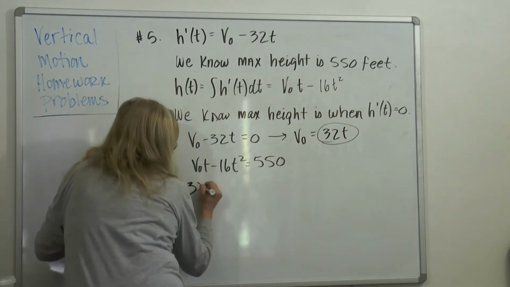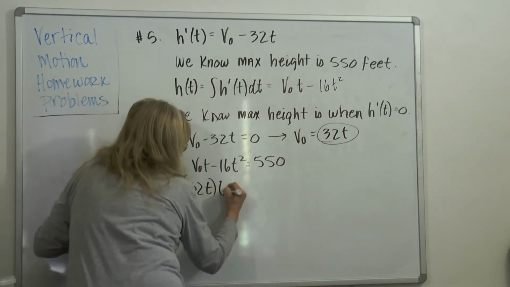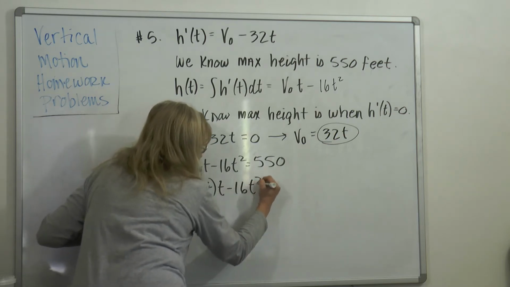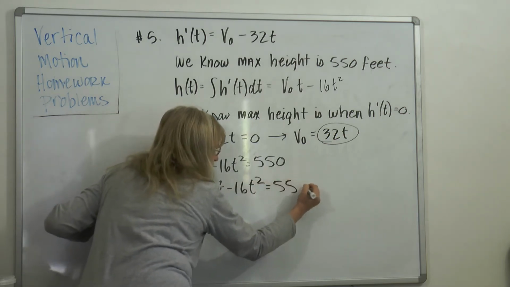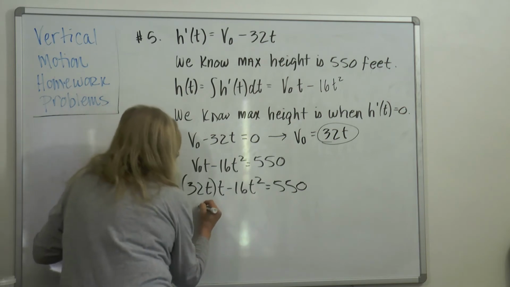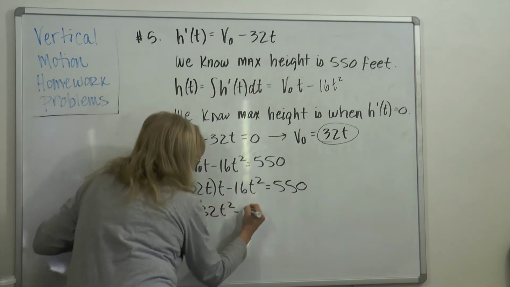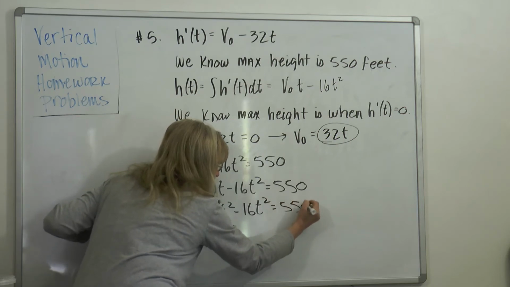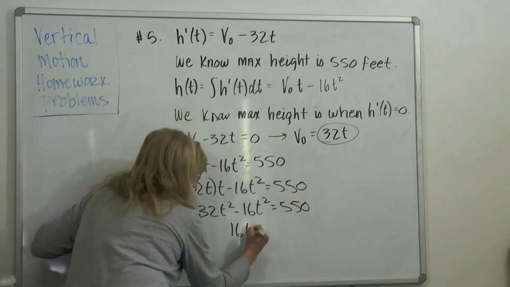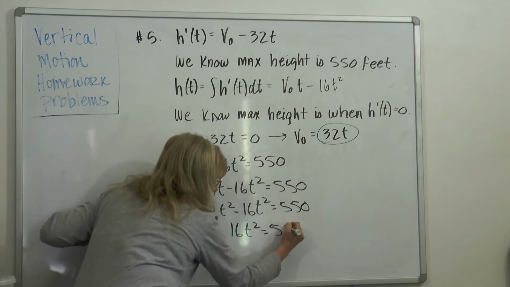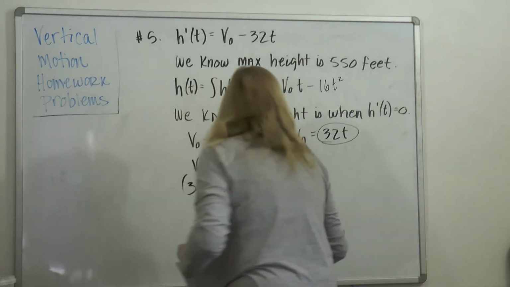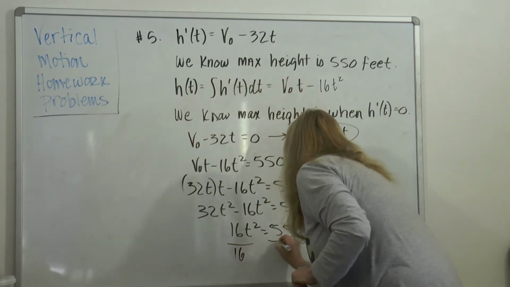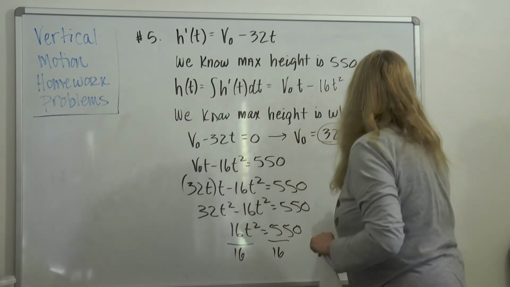So you have 32t times t minus 16t squared equals 550. So this is 32t squared minus 16t squared equals 550. Well, this is 16t squared equals 550. Divide both sides by 16, and then take the square root.